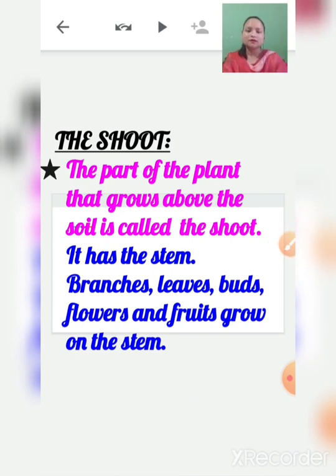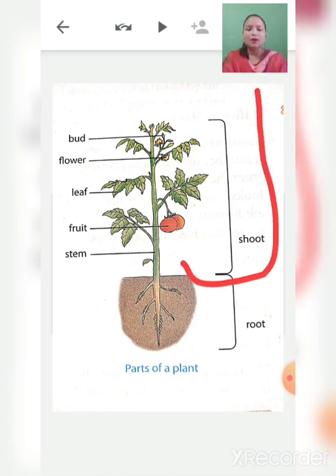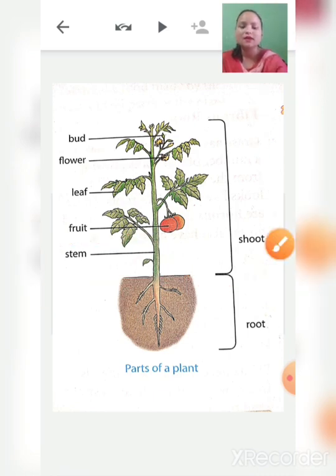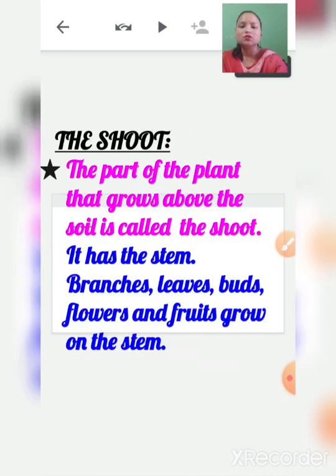Now we will discuss the shoot, the upper part. Above the root is the shoot. Today we are only going to cover the stem. The part of the plant that grows above the soil is called the shoot. Below the soil, what grows? Root. And above the soil, what grows? Shoot.